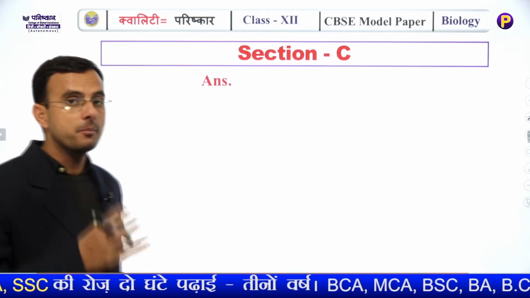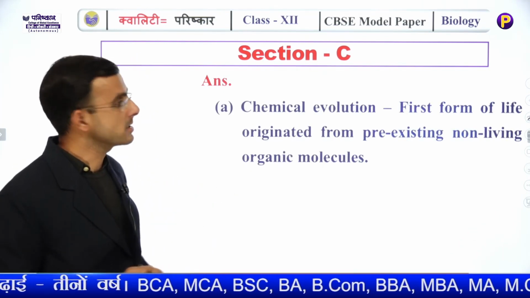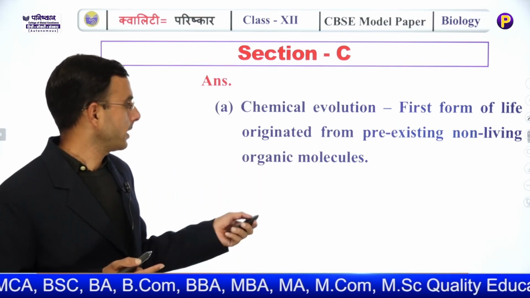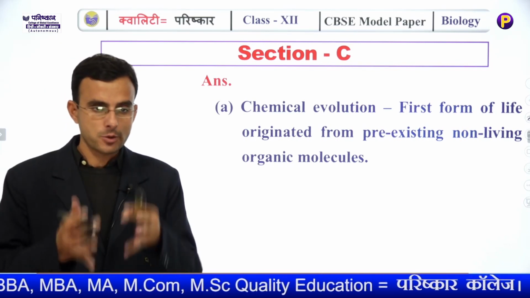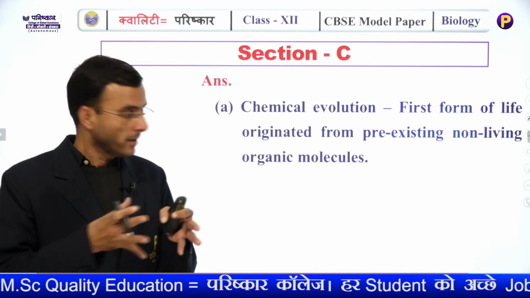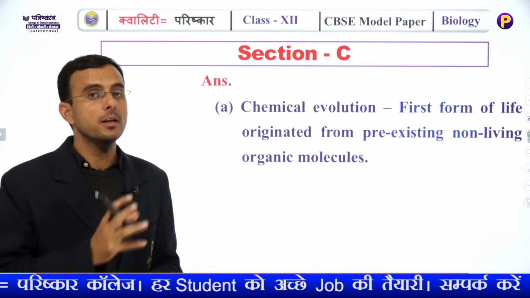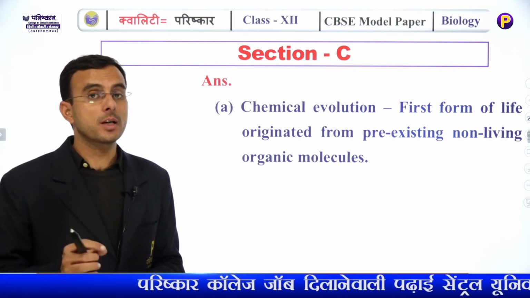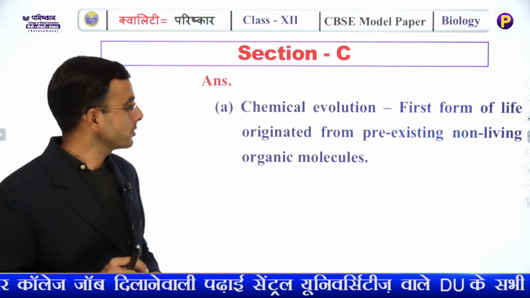What is Miller proving by this experiment? That is chemical evolution, because the first form of life originated from pre-existing non-living organic molecules. First, organic molecules were synthesized after the Big Bang theory, and life originated in water. The water in the ocean, at the initial stage, was working as a soup, and in that soup life originated.